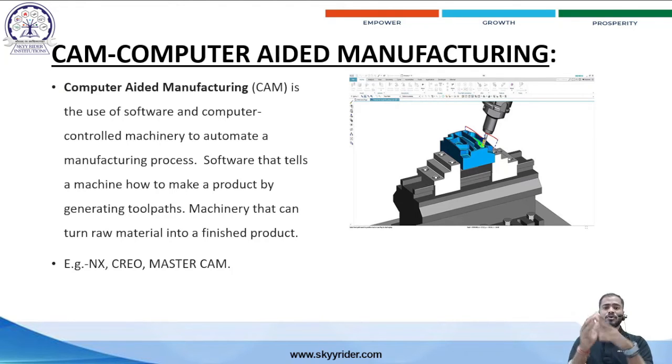We generate the codes over here, put the same thing in the machine, and get the exact thing. Some software like NX, Creo, Mastercam, as well as CATIA and SolidWorks, are using the CAM part nowadays. Most of the time Mastercam and NX are used for producing CAM.